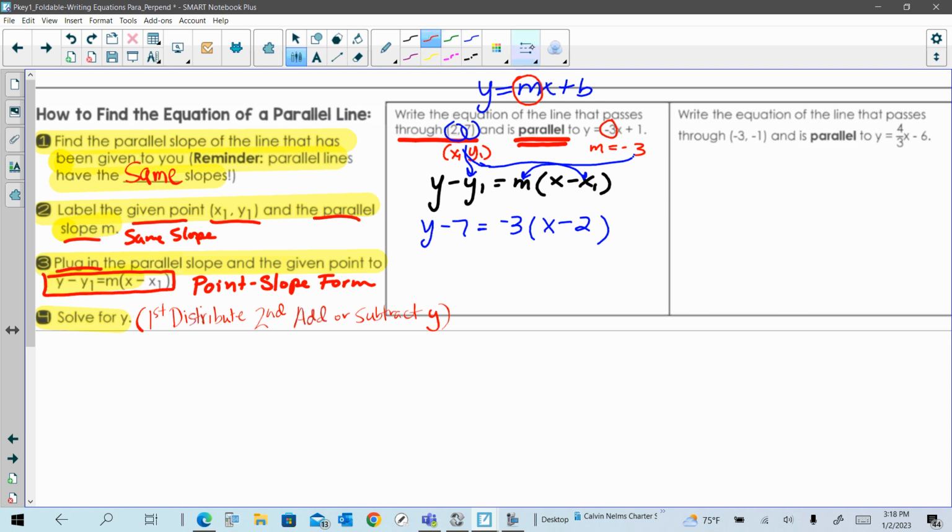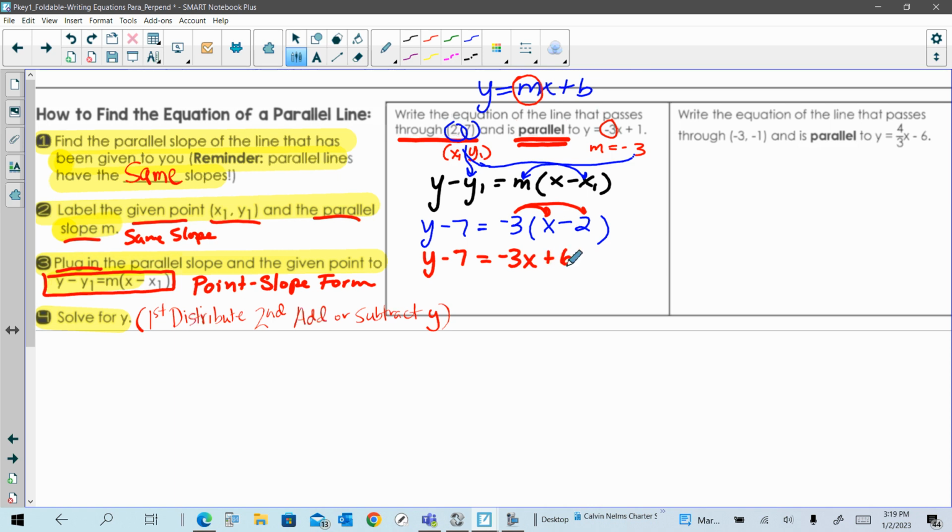Now what you're going to have to do is first distribute. Anything I see outside of parentheses, that means I'm going to distribute. So hippity hoppity distributive property. We're distributing the negative 3 times the x and times this minus 2. So keep everything here. y minus 7, that stays. Now this becomes negative 3x. A negative times a negative makes that a positive 6.